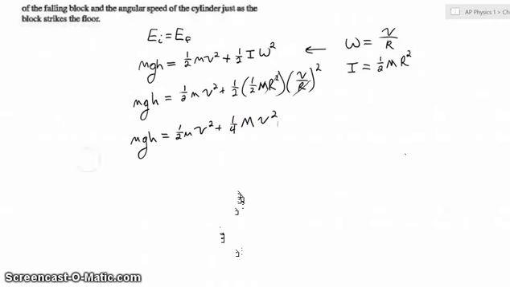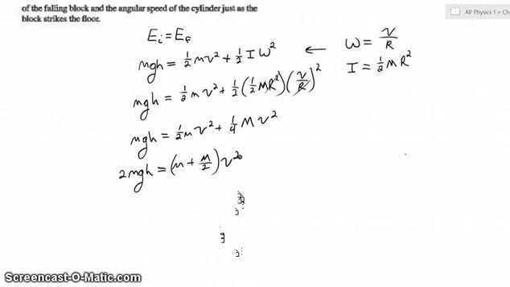And we can put that together. Let's multiply both sides by 2. So we're going to get 2mgh equals (m plus M over 2) times velocity squared.